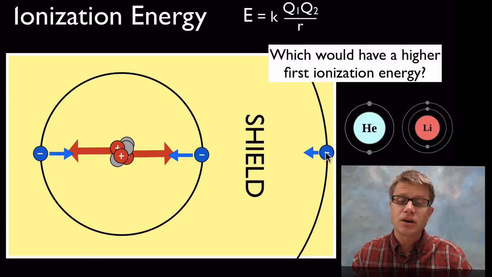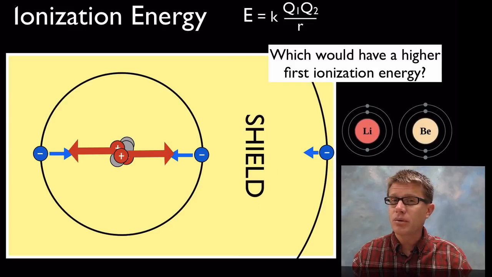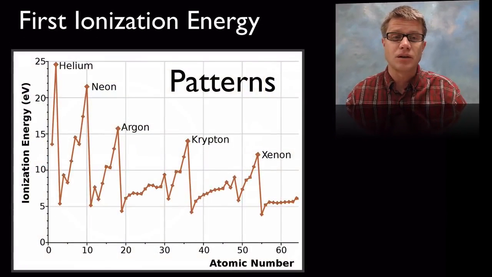But that electron is going to be in the next shell. Since it's in the next shell, it's shielded from the power of the protons in the nucleus itself. So it's going to have a really small ionization energy here just because of the shielding effect and the fact that we have another shell. And so what do you think about beryllium? Well, hold on to that and we'll take a look at the pattern.